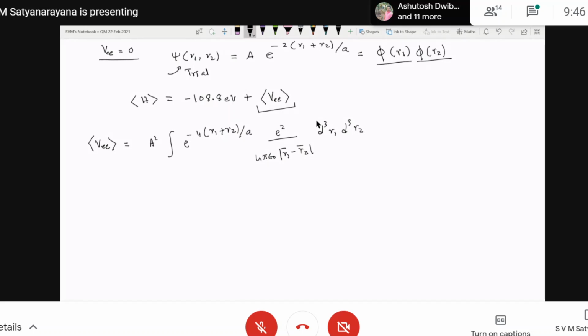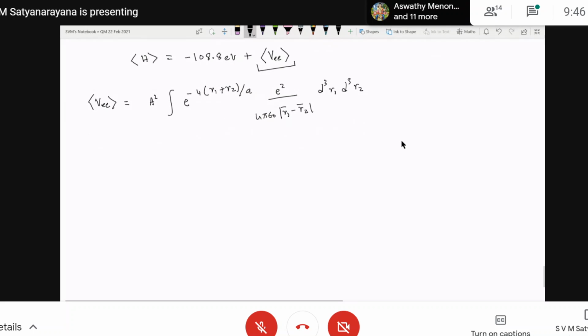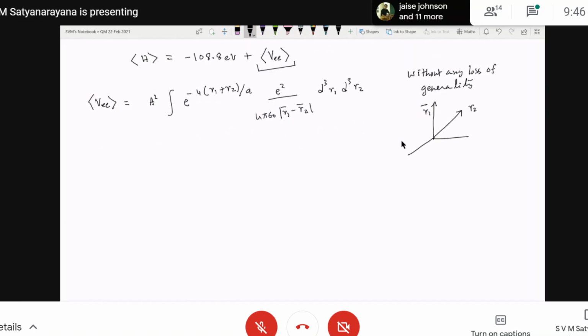Now, doing this integration is a little bit involved, in the sense that without any loss of generality, you may assume a coordinate system where your R1 vector is along the Z axis and R2 is in some direction. So theta 2 becomes an azimuthal angle.